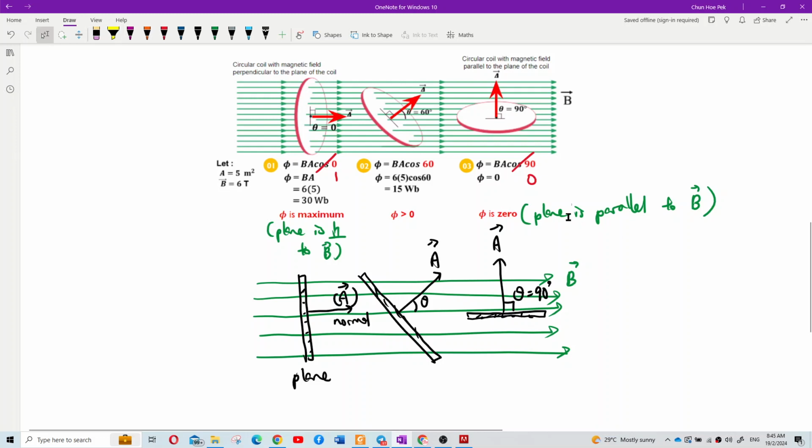Understand? The plane is parallel to the magnetic field, but the direction of area is perpendicular to the magnetic field. Don't be mistaken. So okay, understand, class? You understand this part?